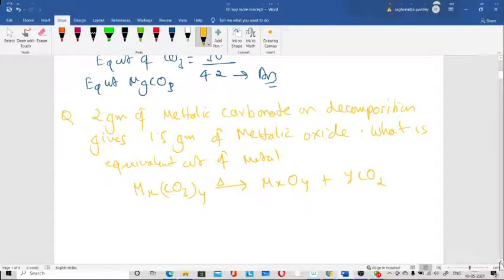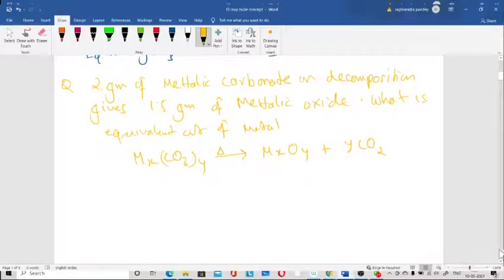So let's solve it. So you see metal carbonate, MxCO3y. Now you see here x into m gram metal.